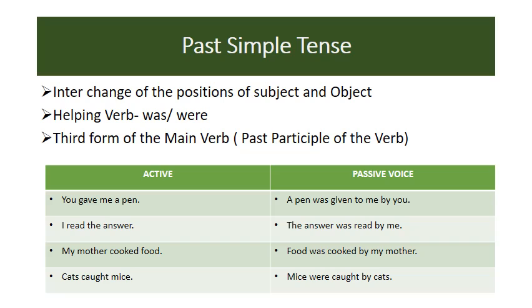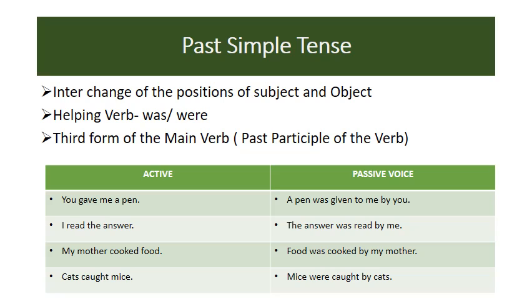Dear students, all rules will remain the same. We have to focus on the helping verb as it is past simple tense. So while changing active voice into passive voice, if the sentence is in past simple tense, the helping verb "was" or "were" will be used.